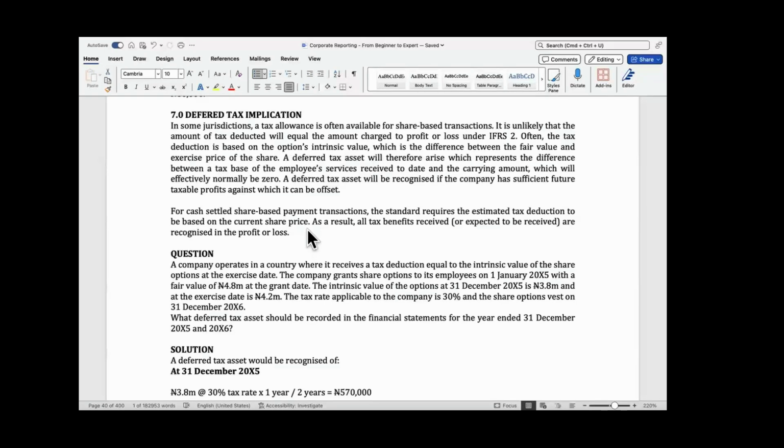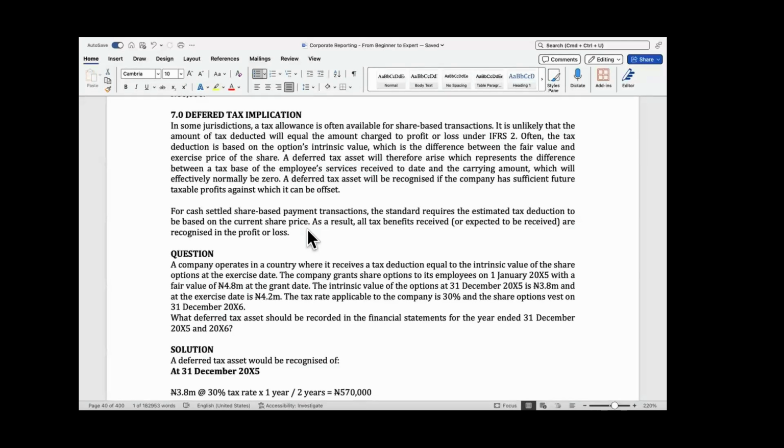Deferred tax hasn't changed. It's still tax arising from temporary difference, and that temporary difference is the difference between tax base and carrying amount, if any. For share-based payments, for cash settled, that difference doesn't occur because it's cash.